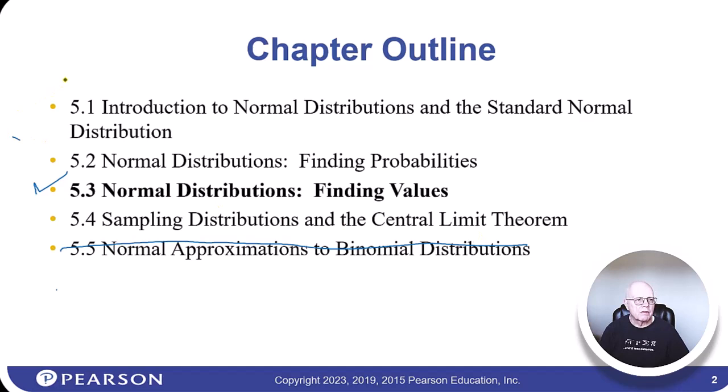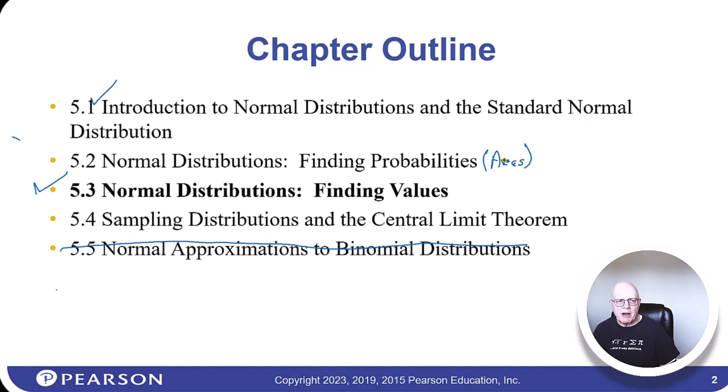We've already covered 5.1, talking about the normal distribution in general, and in particular the standard normal distribution. Then we talked about how do you find probabilities. And basically that's the same thing as finding areas on your normal distribution. Now we're going to find values.